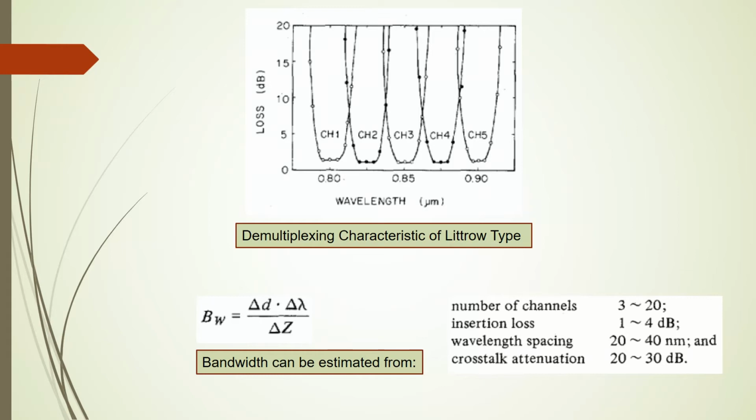From the output and input core fiber diameters, we can find the difference in the diameter, and the difference of lambda and the difference of z are the dispersion focalization, I think.